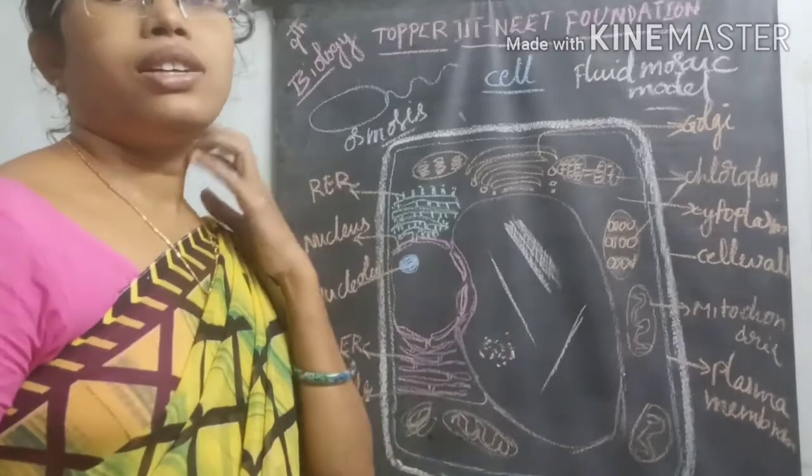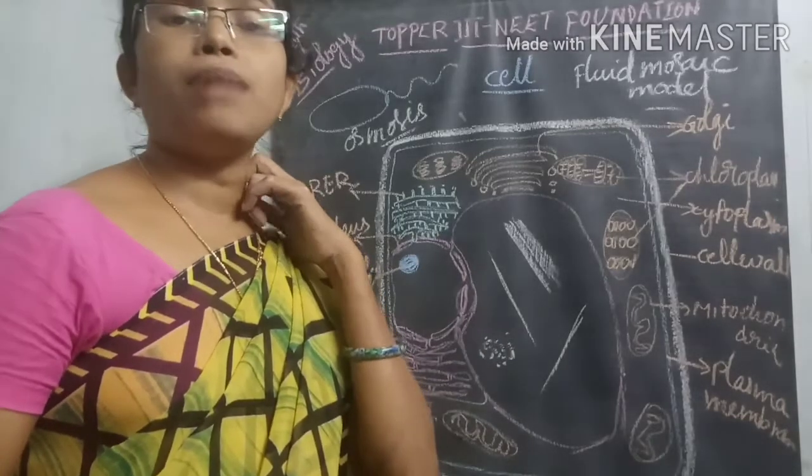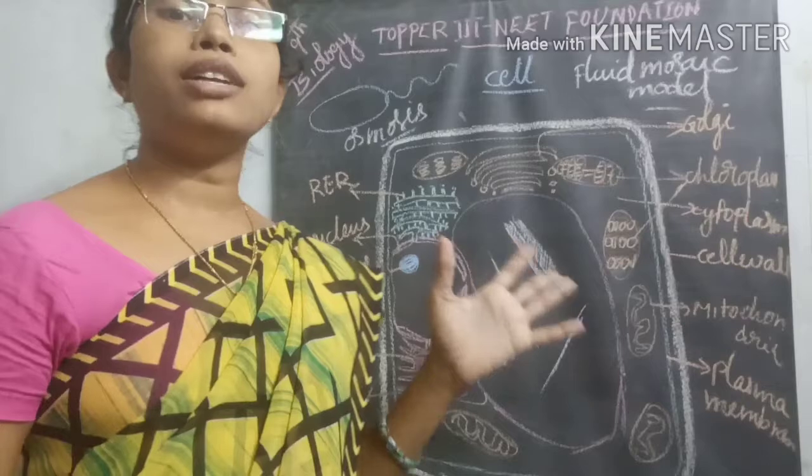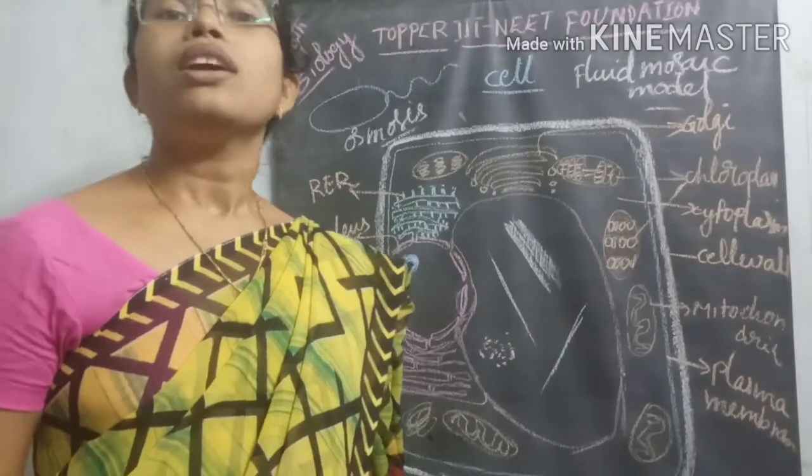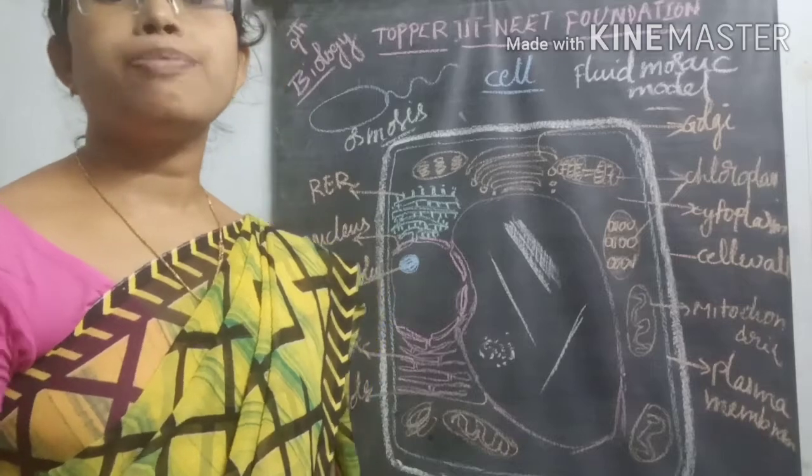And in bacteria, the cell wall is made of peptidoglycan.